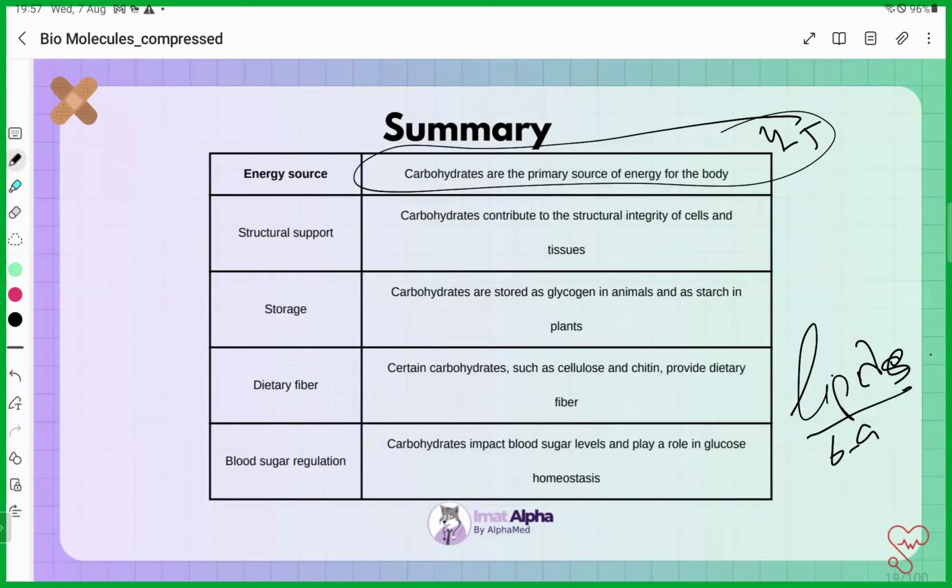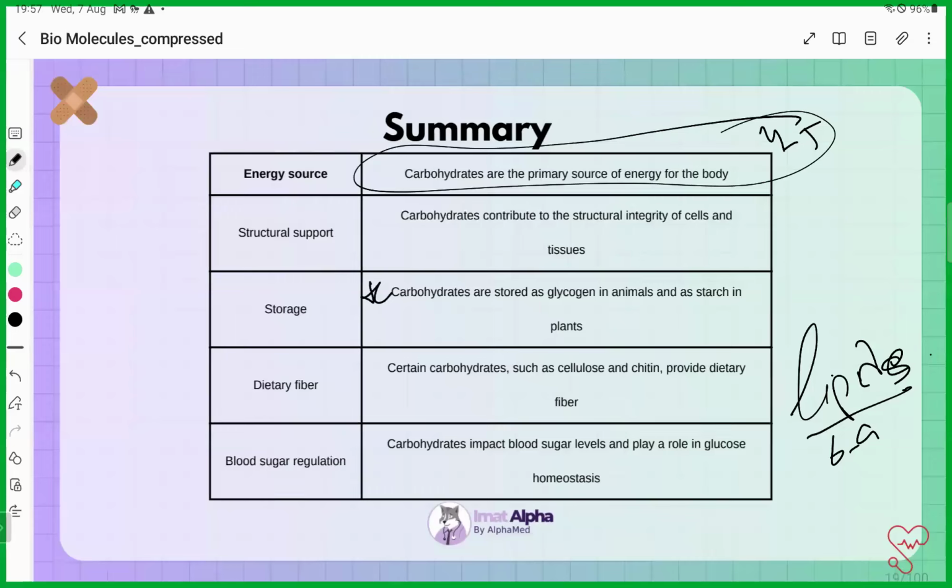Structural support. Carbohydrates contribute to the structural integrity of cells and tissues. Carbohydrates are stored as glycogen in animals and starch in plants. This is a very important note. Dietary fiber. Certain carbohydrates, such as cellulose and chitin, provide dietary fiber. Blood sugar regulation.